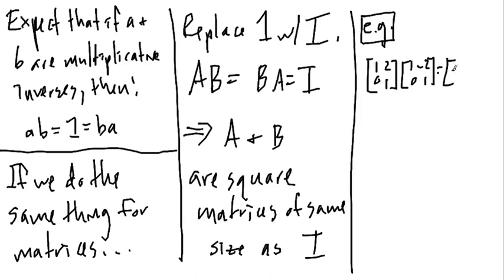The first row and column gives me 1 times 1 plus 2 times 0, that's 1. The first row and the second column give me 1 times -2 plus 2 times 1, that's 0. The second row and the first column give me 0 times 1 plus 1 times 0, that's 0. And the second row and the second column gives me 0 times -2 plus 1 times 1, and that is 1. So in that order, those two matrices multiply out to be the identity matrix.